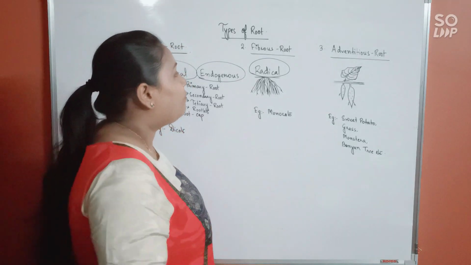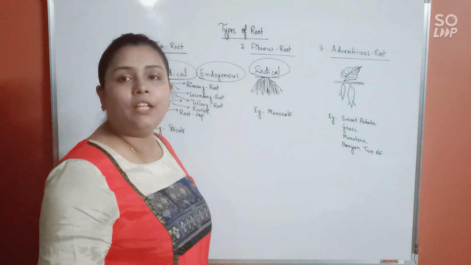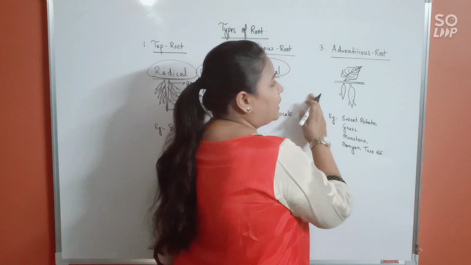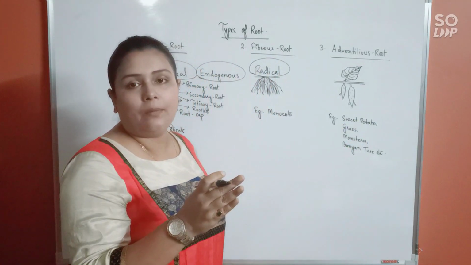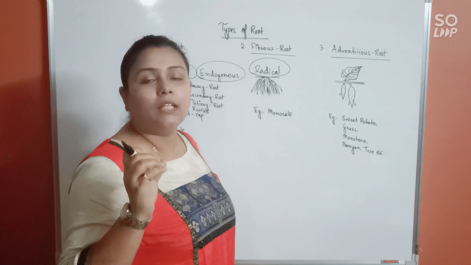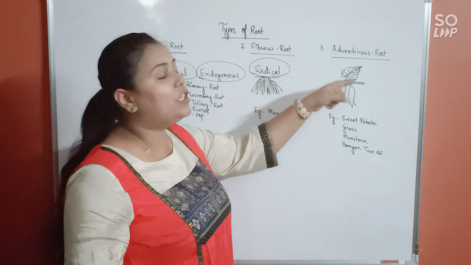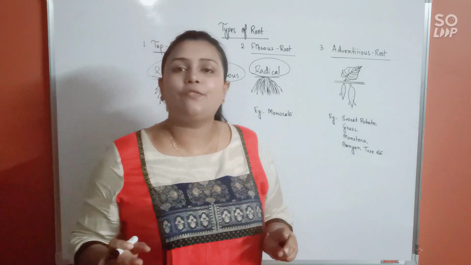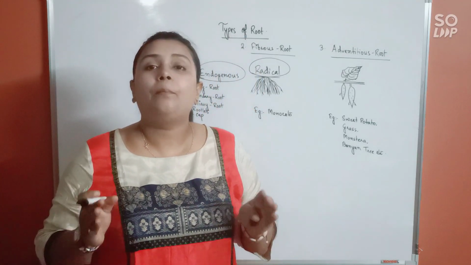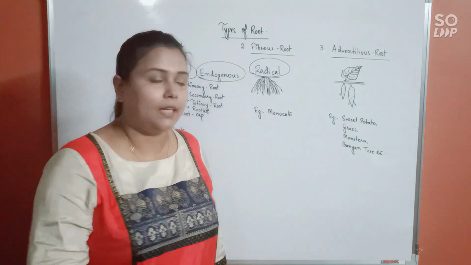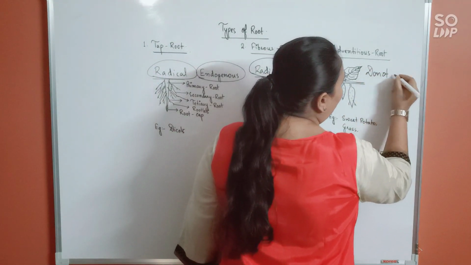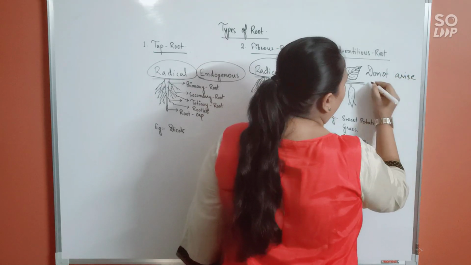Alright. Finally the third, that is adventitious root. Roots which arise from any other part of the plant body other than the radical will be known as adventitious roots. So these are specialized roots. They may arise from any part of the plant body, but they will not arise from the radical.